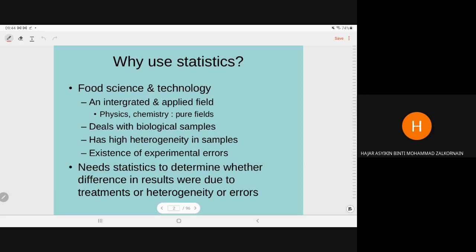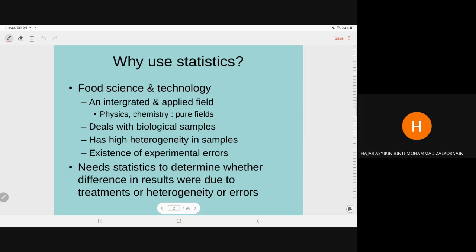There have been theses or even papers that have been rejected outright because the data shown do not have any statistical analysis. So in food science and tech, we rely a lot on statistics. It is a must.